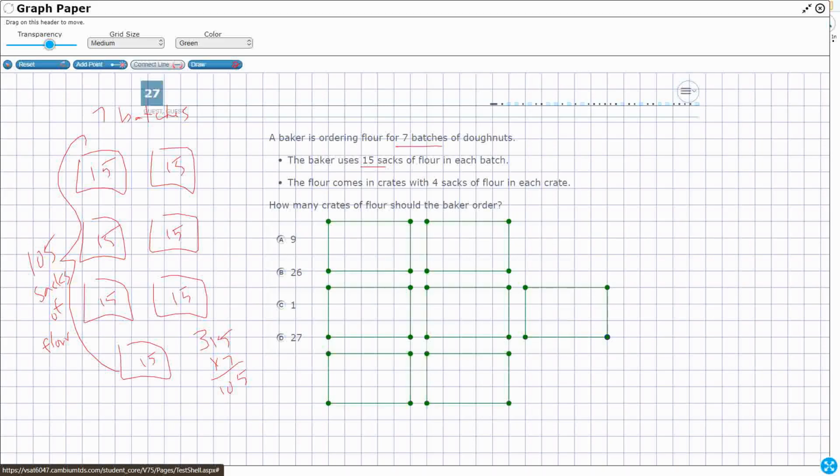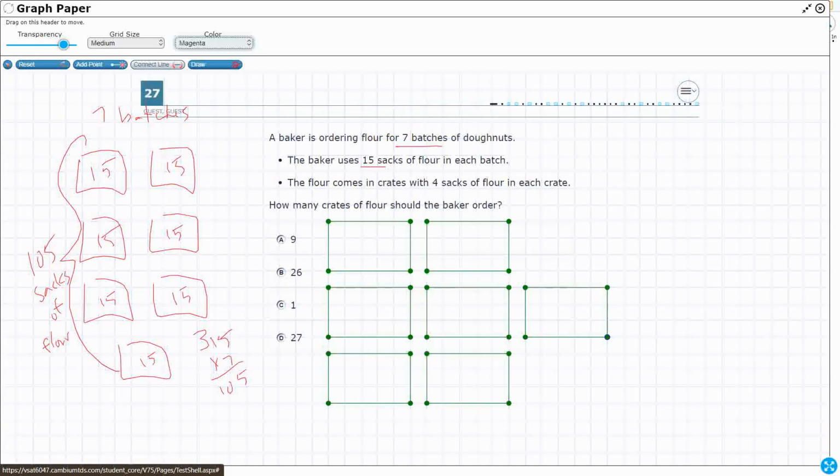Now, the flour comes in crates of 4. So what I need are sets of 4, okay? So how many sets of 4 can I get? Let's do our draw, right? I need 1 set of 4, 2 sets of 4, 3 sets of 4, and 1, 2, 3, 4.